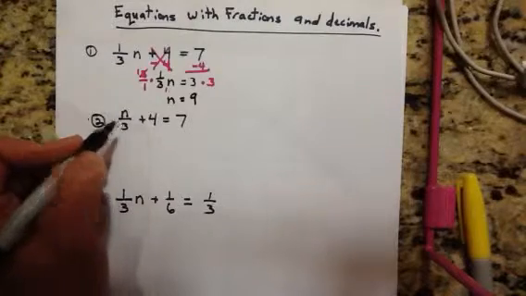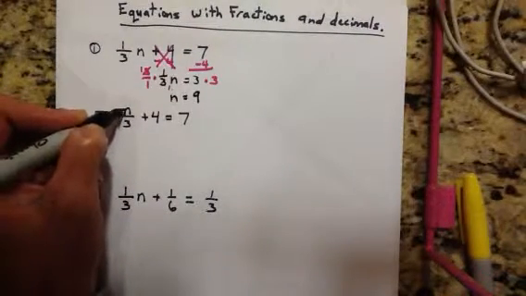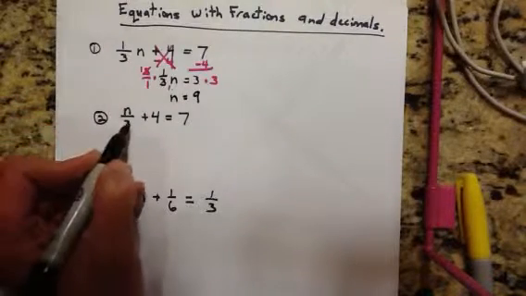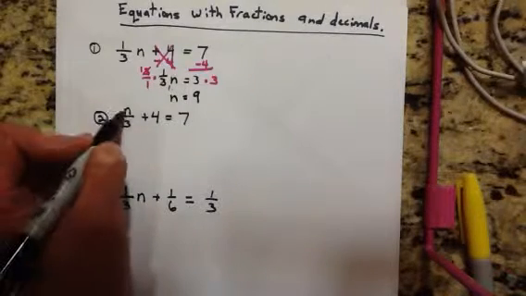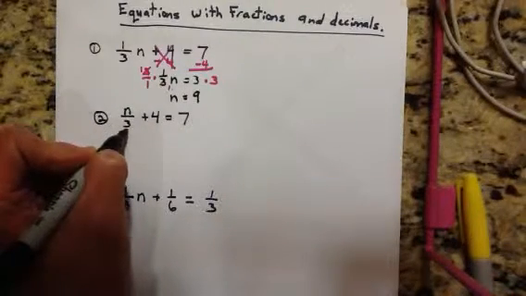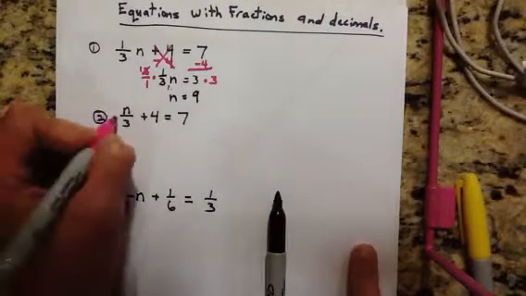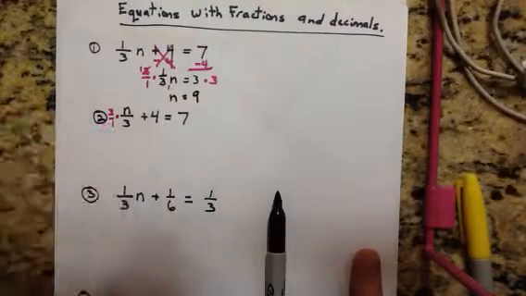Now, one thing I want to show you is, instead of using the reciprocal, n divided by 3 is read differently. This is not a fraction in front of a variable. This is a variable divided by 3. What is the opposite of dividing by 3? It's times 3/1.